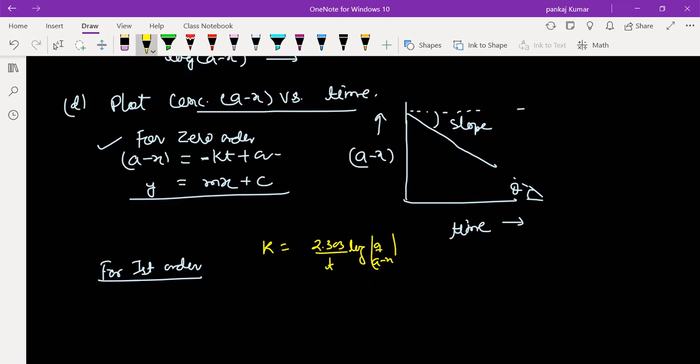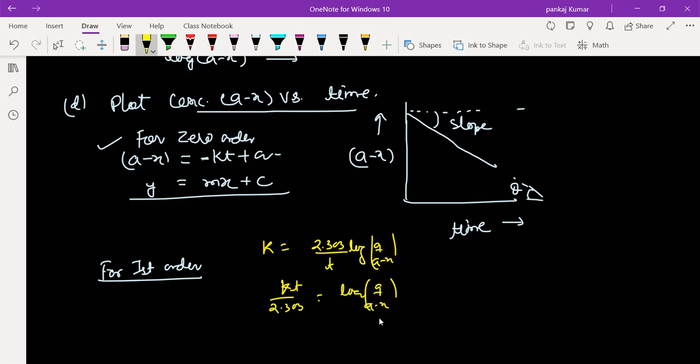We have to take this concentration only, isn't it? So kt by 2.303, isn't it? It is equal to log of a divided by a minus x.